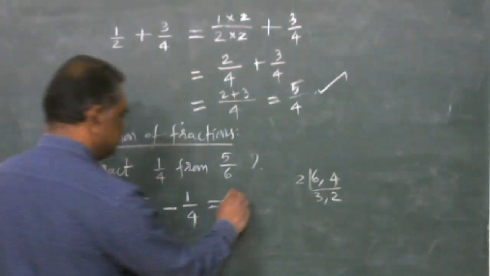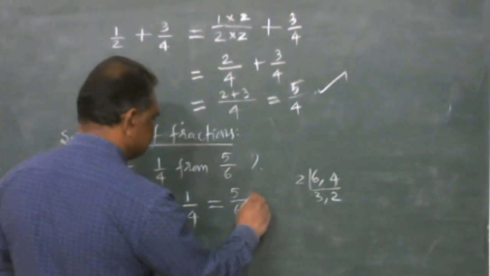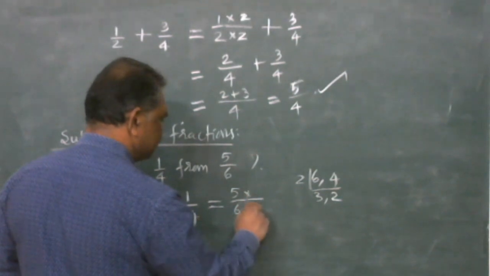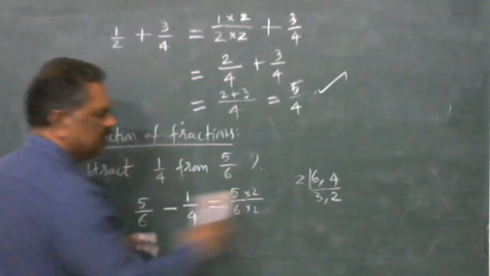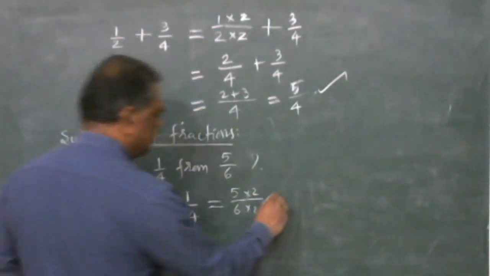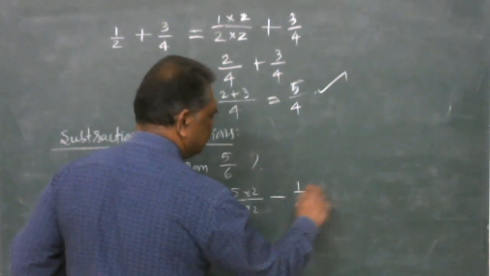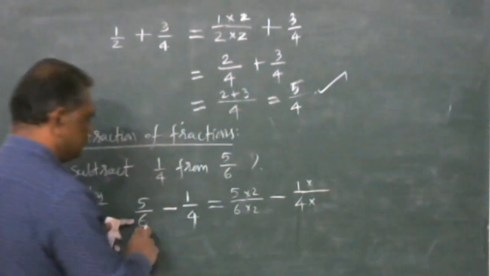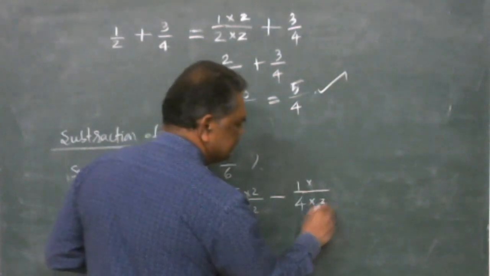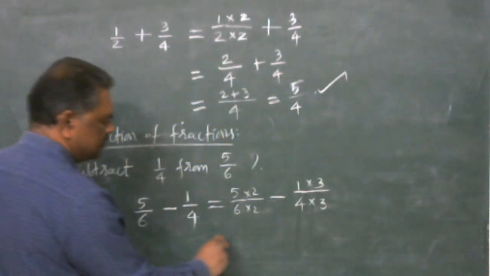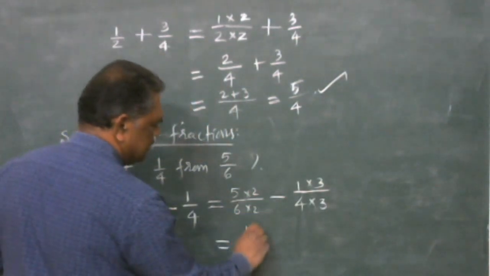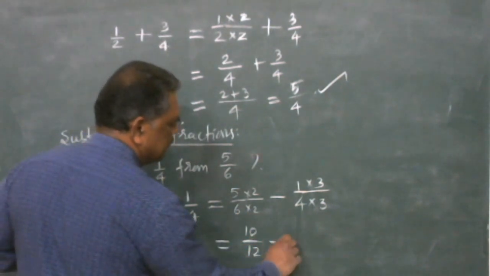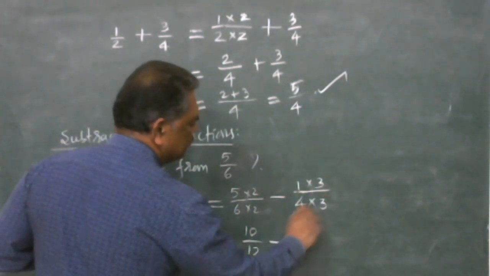For that we have to multiply. So 5 by 6 multiplied by 2, the denominator will become 12, minus 1 by 4, we need to multiply by 3, the same number on top and bottom. So this will become 5 2s are 10, 6 2s are 12, minus 1 3s are 3, 4 3s are 12.